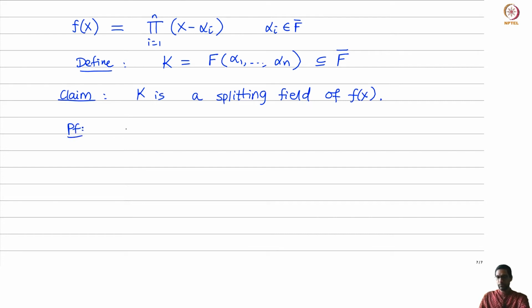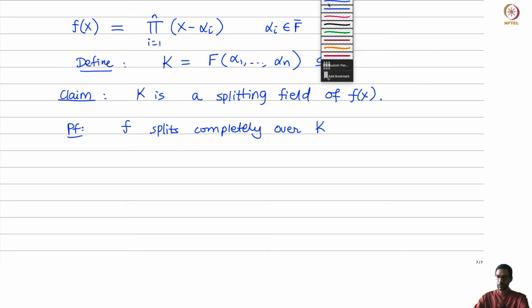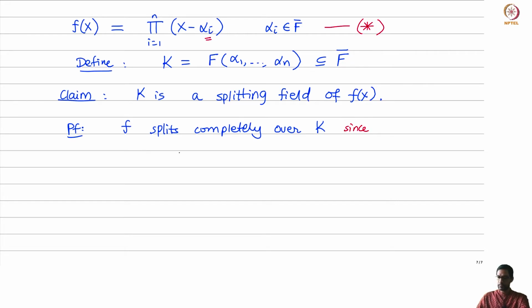Proof: well, number one, it's obvious that f splits completely over K, because this expression here that we wrote out, this star, holds. The point is that the alpha i's that we have are by definition elements of K. So that's the first property.